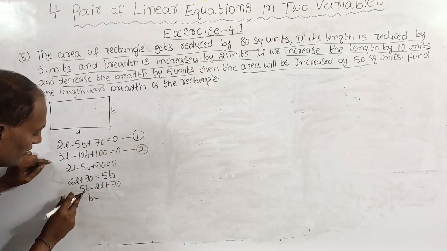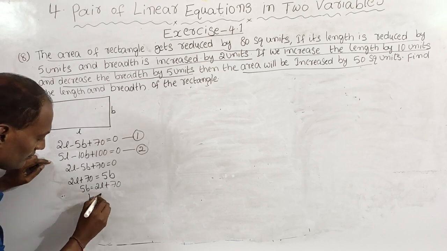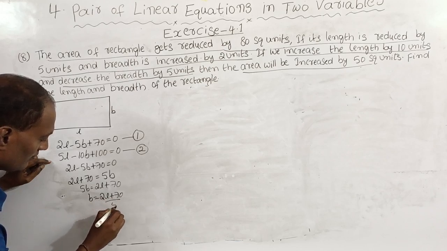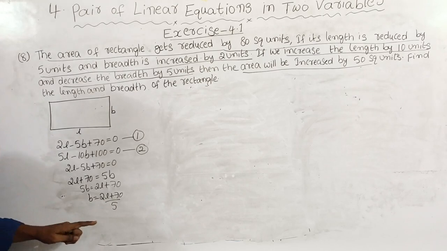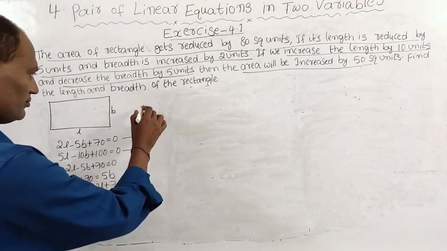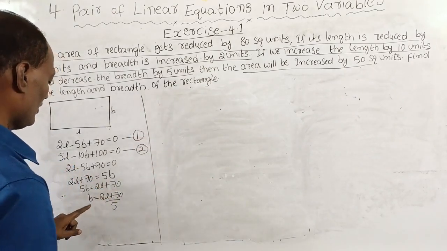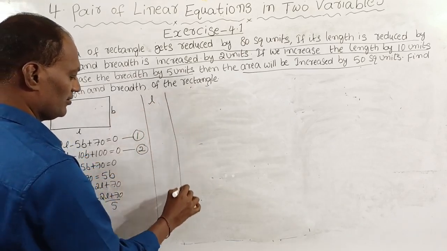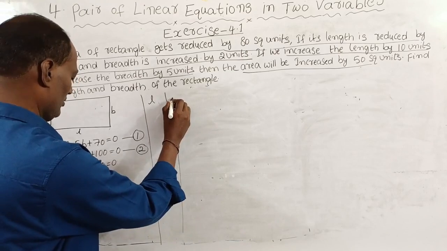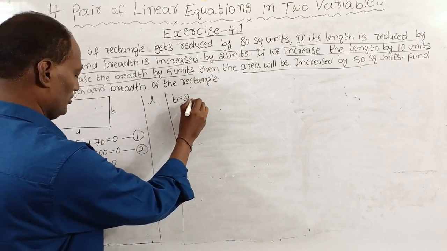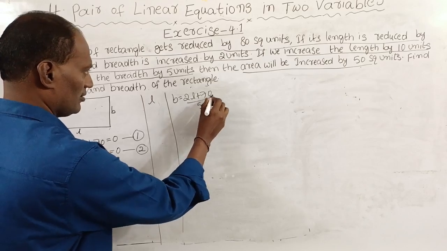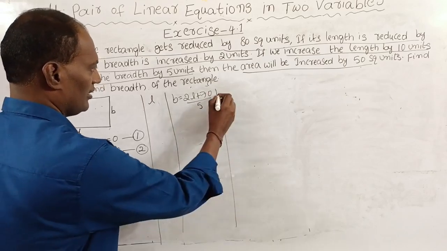B equal to, since it is multiplying, when it comes to this side it will be divided by 5. B equal to 2L plus 70 by 5.